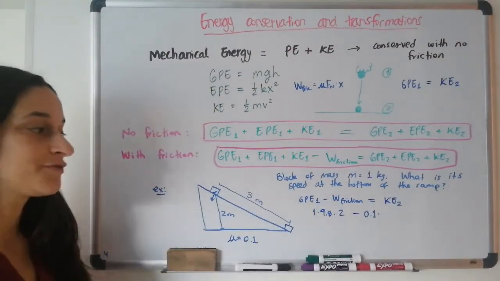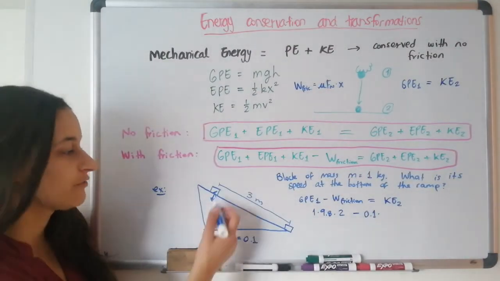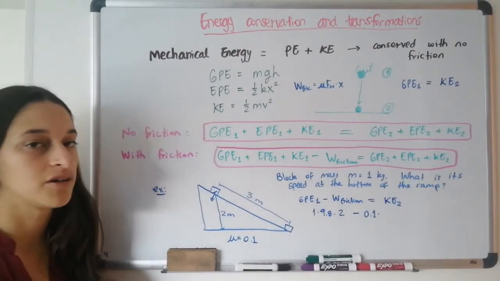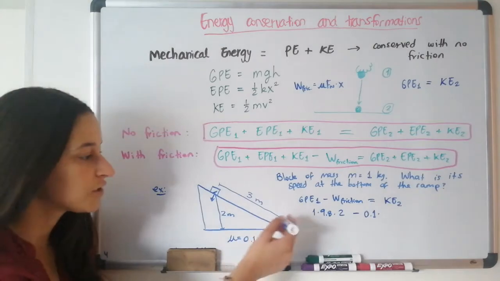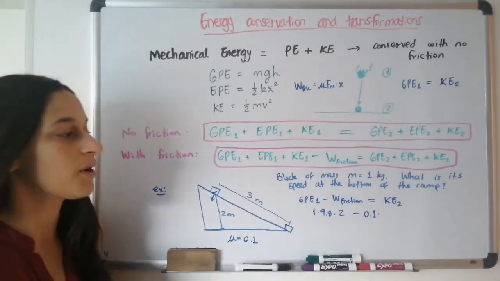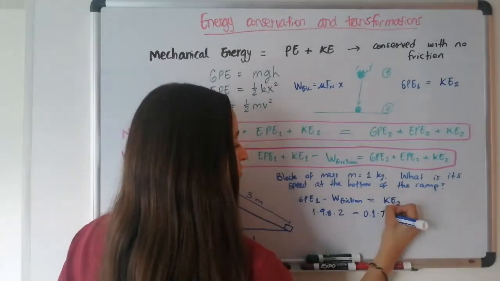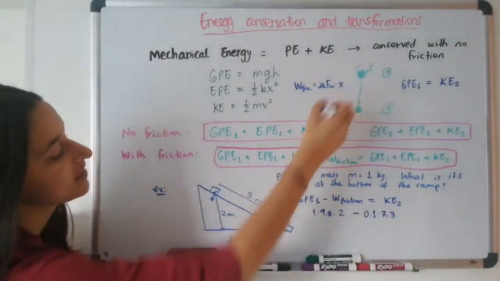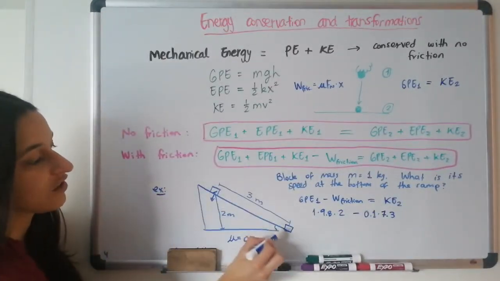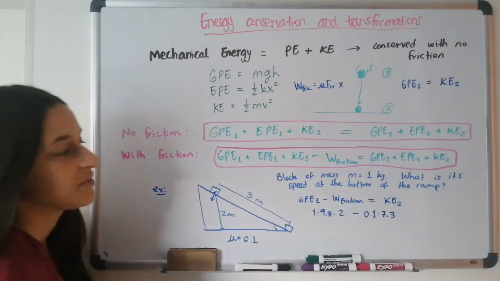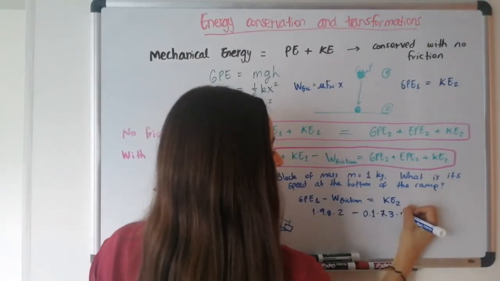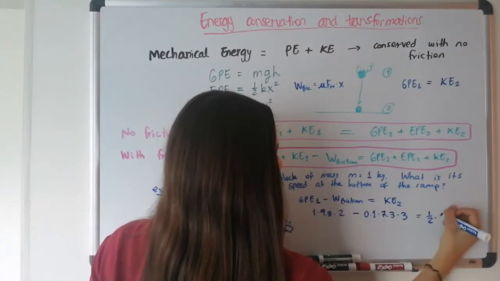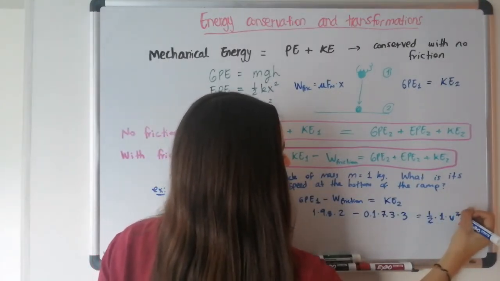I'll give you the normal force because if you remember, the normal force in an inclined plane depended on cosine of the angle, and I haven't even given you the angle, so I'm just going to tell you right now the normal force is 7.3. Okay, so mu times normal force times the distance. The distance it covers is not 2, it's 3 meters. So 0.1 times 7.3 times 3. And that's going to be equal to 1/2 times the mass of 1 times v squared.